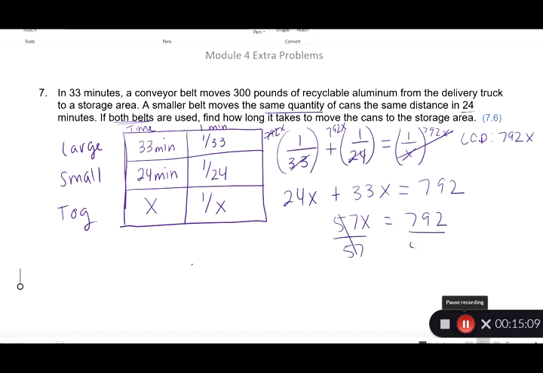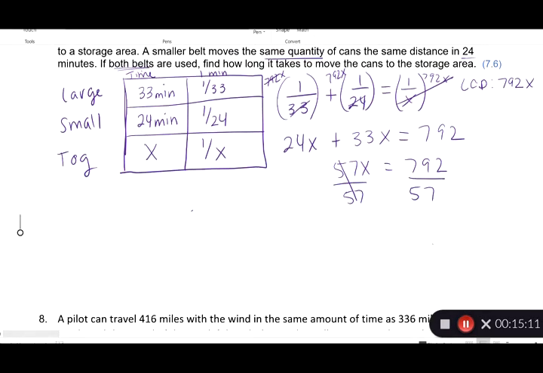Now here again is where you're going to run into another issue. X is going to be equal to, if you put this on your calculator, 792 divided by 57, you get 12.78947368, and it keeps going, right? But my math lab doesn't generally like decimals unless it specifically asks for a decimal. You should not go to a decimal and round.